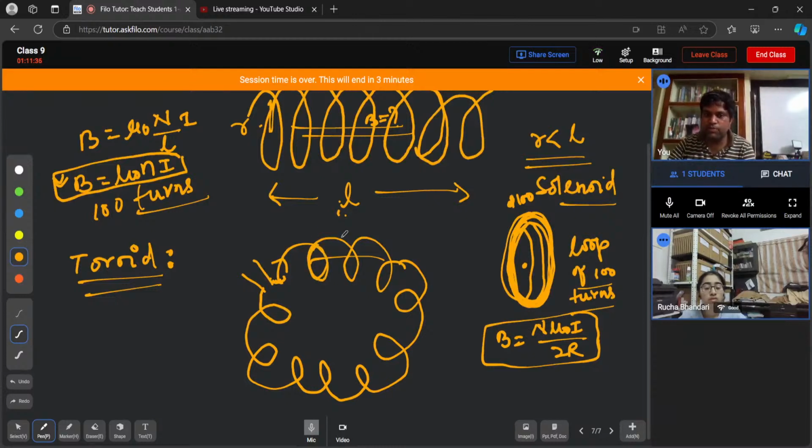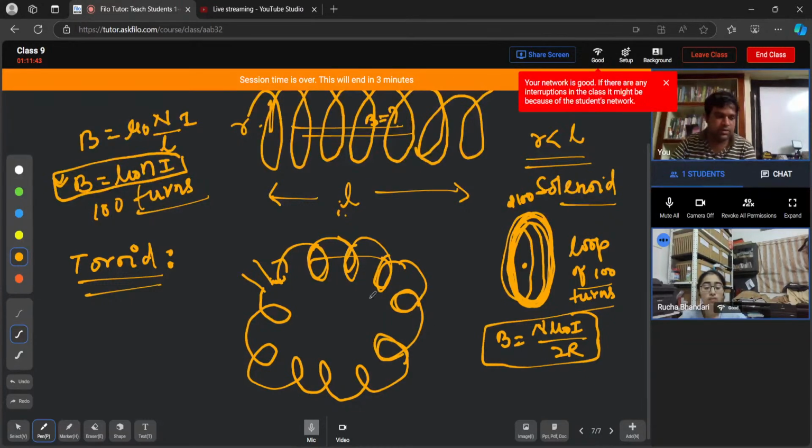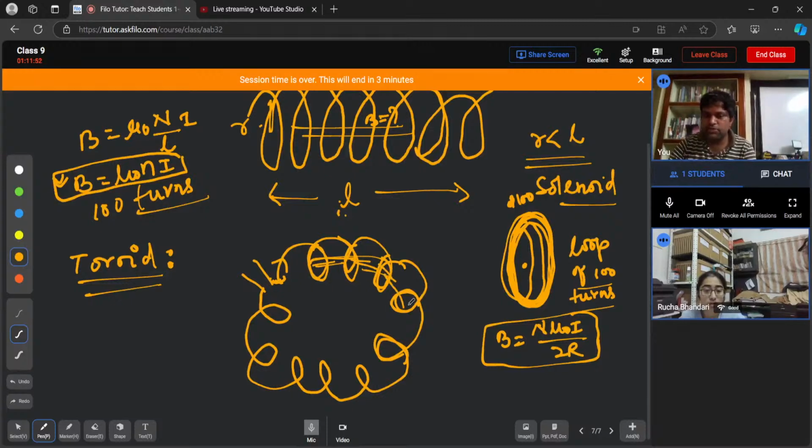It's also a multiple loop. Due to each loop there will be a magnetic field inside, and these magnetic fields add up and we get the magnetic field at the center of the loop.